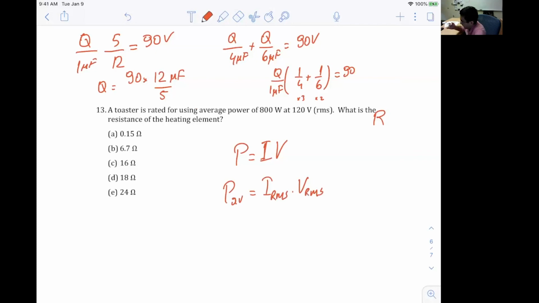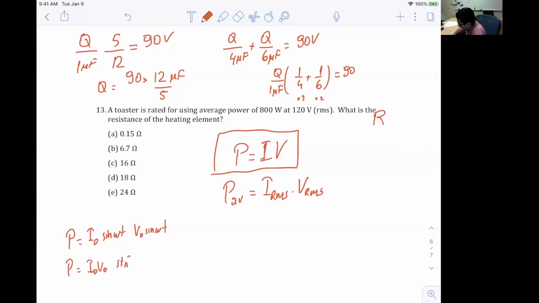If you go back to the general representation of the power, and at any point in time when you have an AC current, you have I naught sine omega t, let's say, and a V naught sine omega t, at any instant you have this power, right?